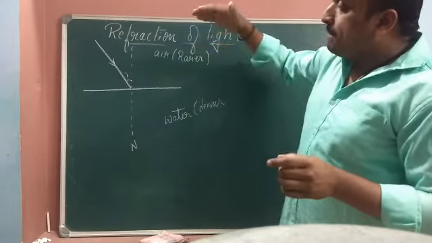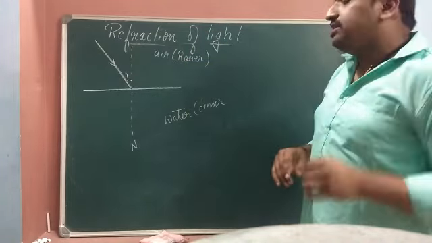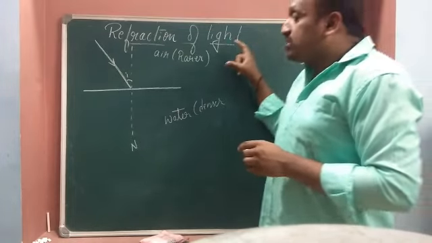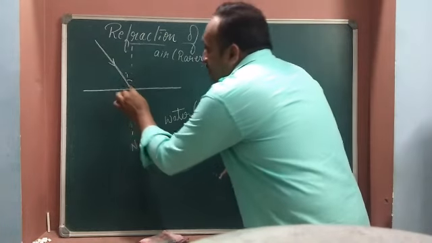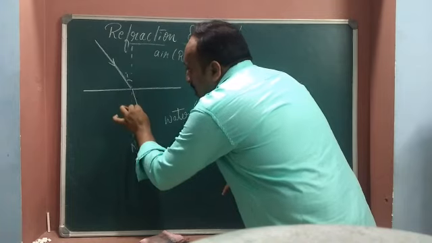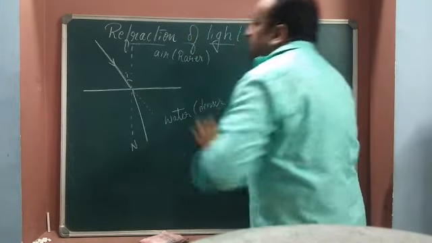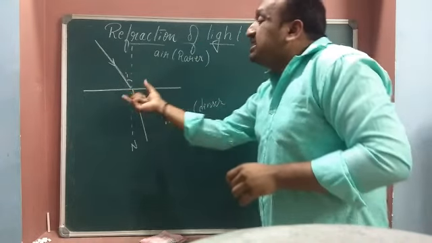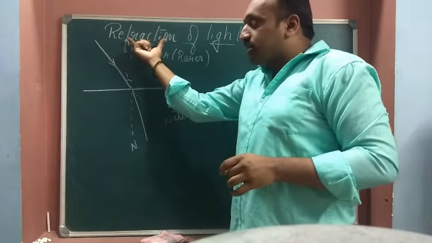and it will pass to the other medium. One thing that you should note down: when the ray of light passes from a rarer medium to a denser medium, it will bend towards the normal. Actually, it is supposed to go like this, but it won't. So it will bend towards the normal, meaning it is changing its direction because of the refraction process.